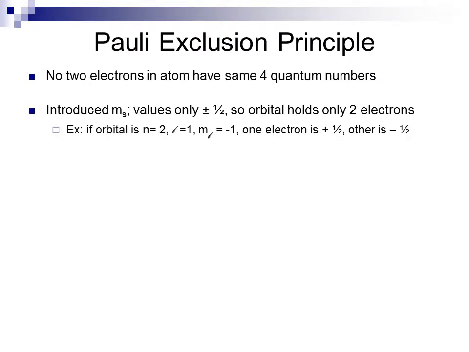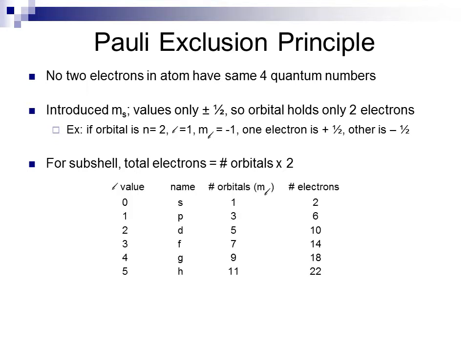If an orbital, for instance, has an n value of 2, an L value of 1, and an m sub L value of -1, then one electron in that orbital can be plus 1/2, and the other one can be minus 1/2. I cannot have an instance where I have 2 electrons that are plus 1/2 or 2 electrons that are minus 1/2. For each subshell, then, the total number of electrons is equal to the number of orbitals times 2.